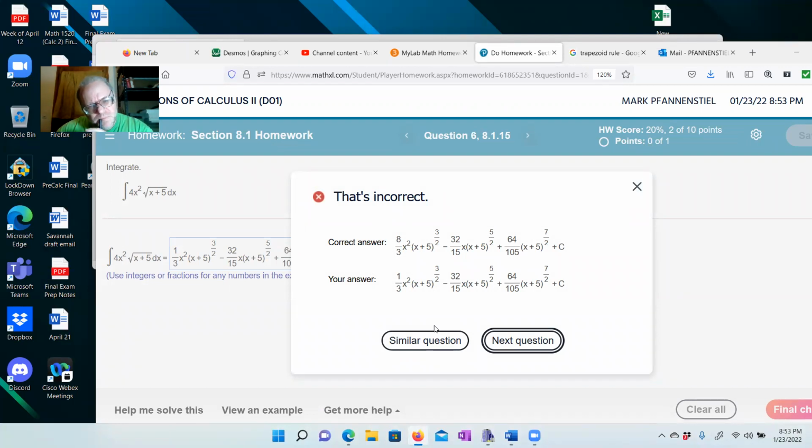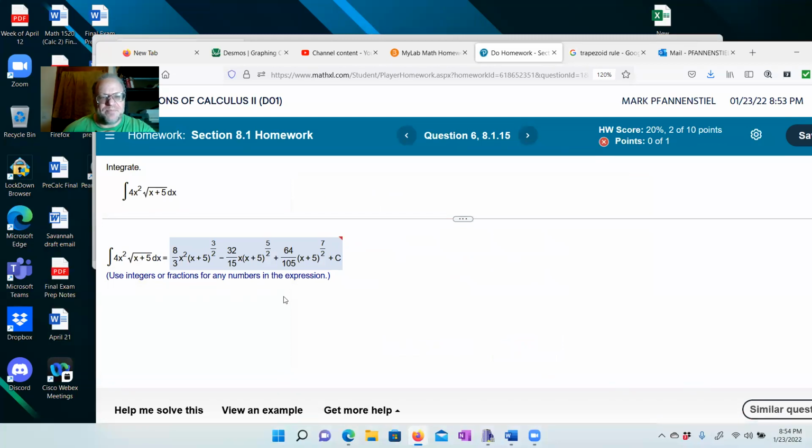No. I did forget an 8. I forgot this. Oh, there it is. 4x squared. That would have been 8x. Okay. How's everything else doing? Yeah. So don't forget your first coefficient. All right. We're going to have to deal with that. But that's where we are.